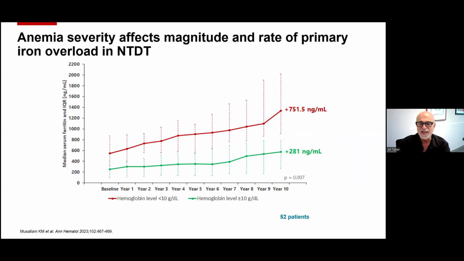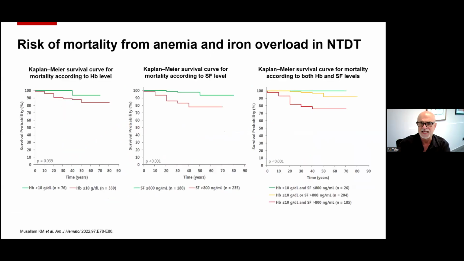And this shows you that the anemia severity is also associated with the increase in ferritin. So the more anemic the patient is, the higher the serum ferritin. And this is from a new publication that we have done, showing in this Kaplan-Meier, on the left, again the green and the red.